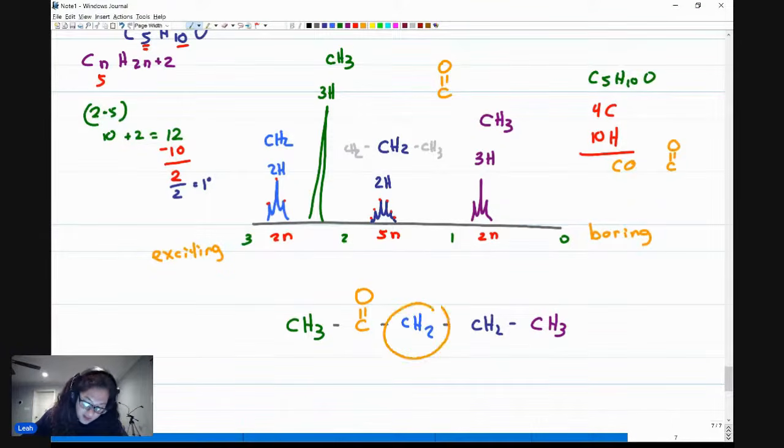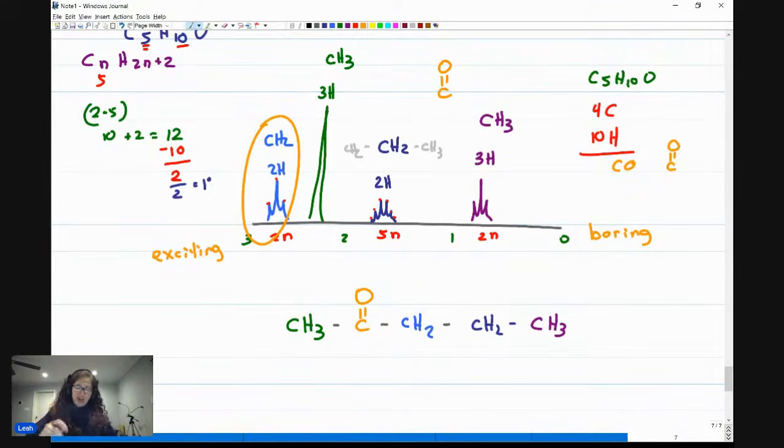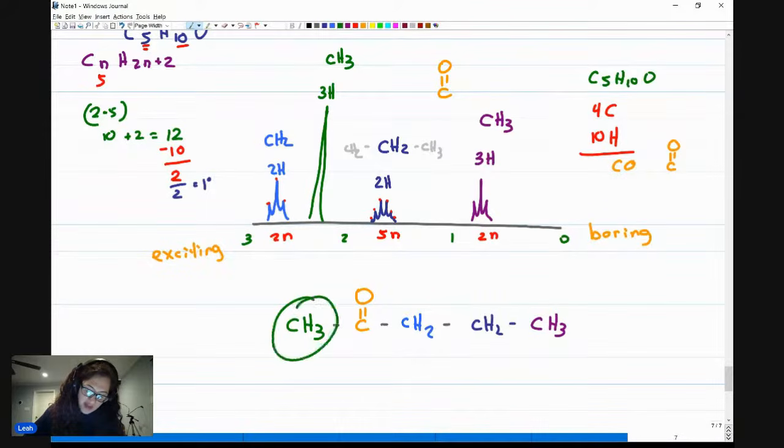So if this is bound to the most exciting thing and has another neighbor, of course it's the most exciting group. So we're validating that. We're justifying it. And then the CH3 is also next to the most exciting group. That's why it is also towards the left. But it has no other neighbors. So it is less exciting than just the CH2, which is why it's not as shifted to the left.